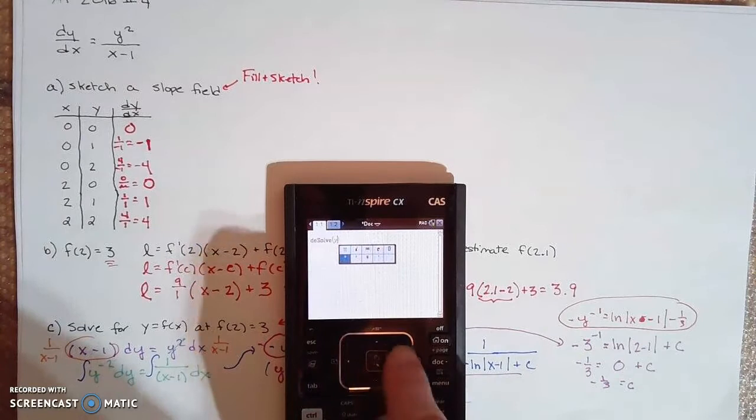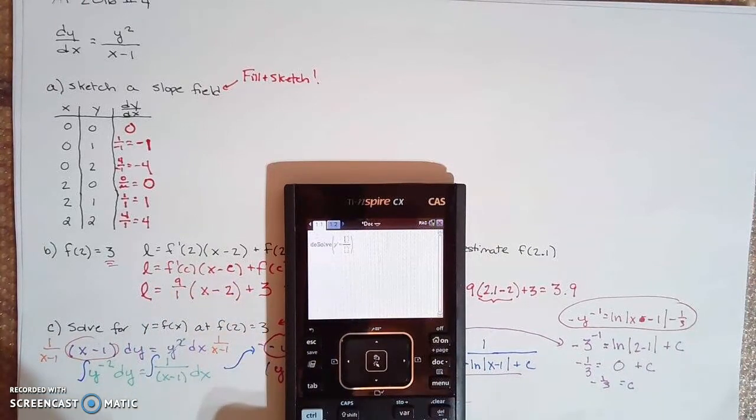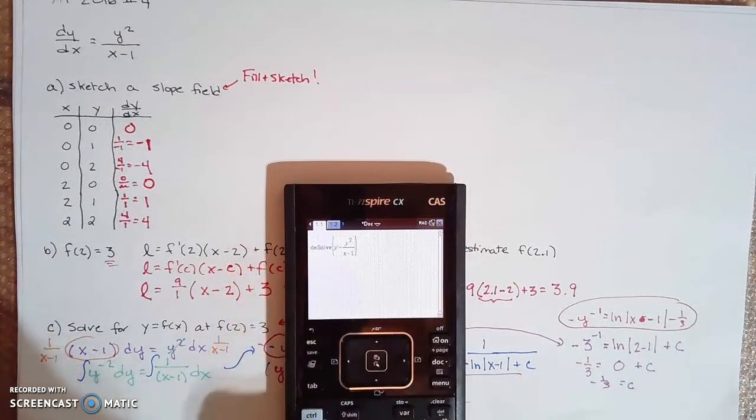Pi is where the prime is. Prime equals, make a fraction, y squared. I don't need the y1 here because I'm using the regular calculator part. Over x minus 1, comma the independent variable x, comma the other variable y. Hit enter.